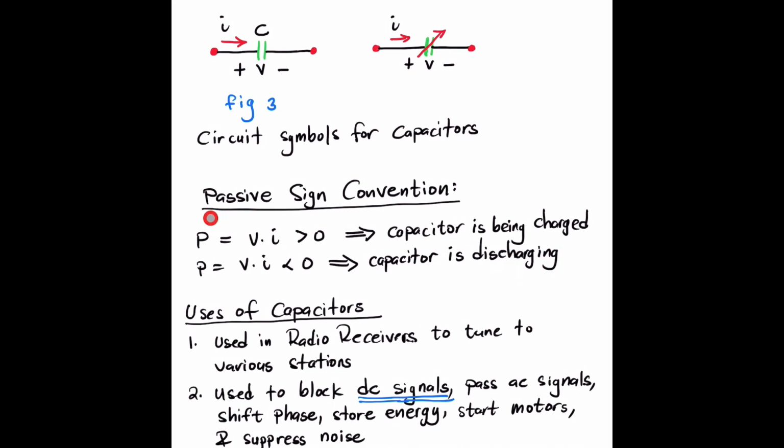And the passive sign convention means that the current must enter through the positive terminal of a circuit element, and the power should be positive. So the passive sign convention is satisfied when the current enters the positive terminal of an element.